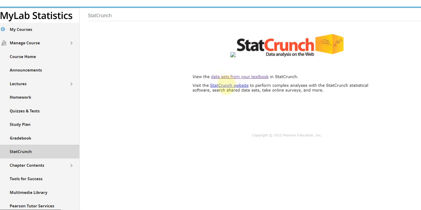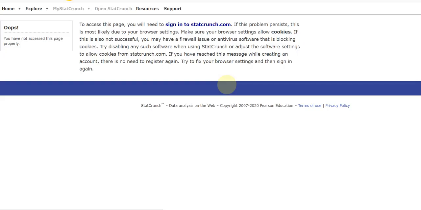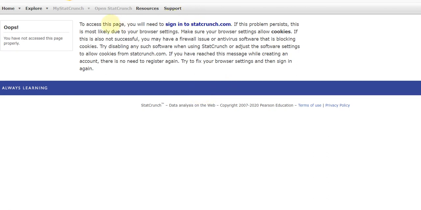Now let me try the StatCrunch website. I just clicked on it, and there you go. See that oops here? Oops, you have not accessed this page properly. Sign into statcrunch.com. Now remember, I just went from my MyLab into this and it didn't work.